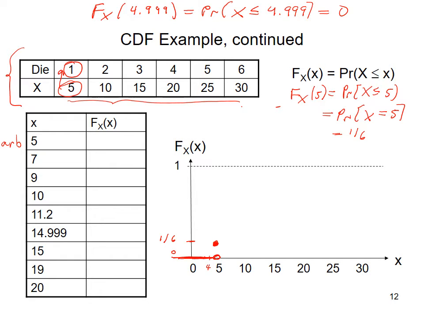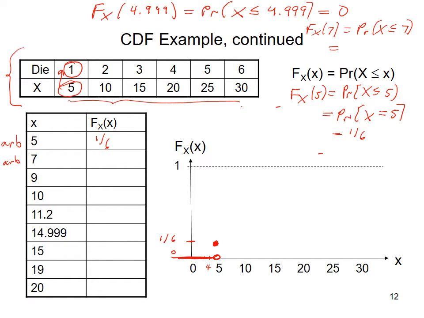Okay, so now let's take the next kind of arbitrary one here. For fx of 5, we computed that the answer was 1/6. What if we arbitrarily let little x be 7? So now I'm doing, again, kind of up here, scratch work. Now I'm working out what's fx of 7. By definition, it's the probability that x is less than or equal to 7.